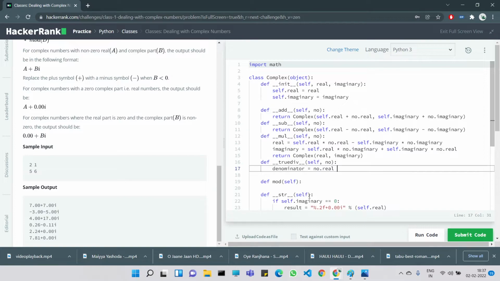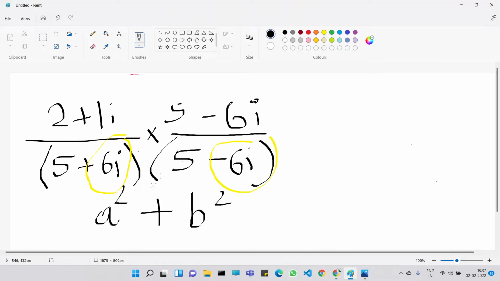Number dot real square plus number dot imaginary square. So a square plus b square, we can convert it to float. When we do that, there won't be any i's over there.